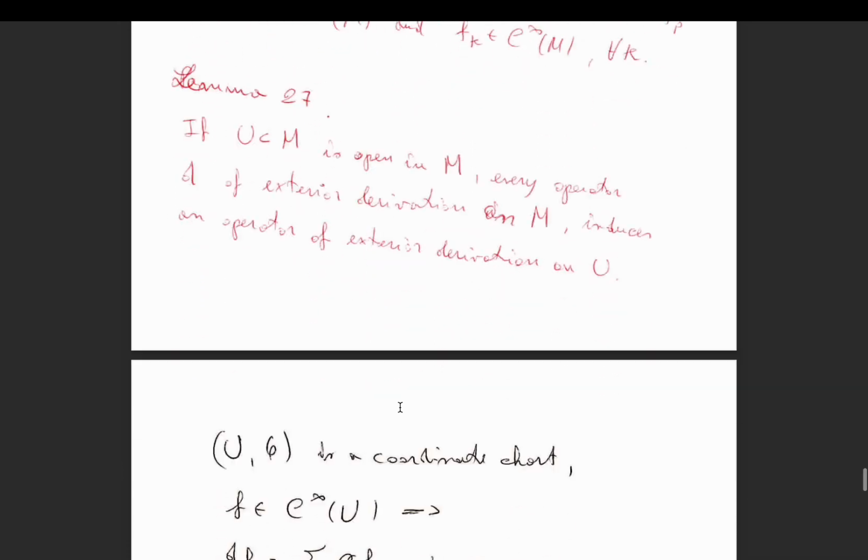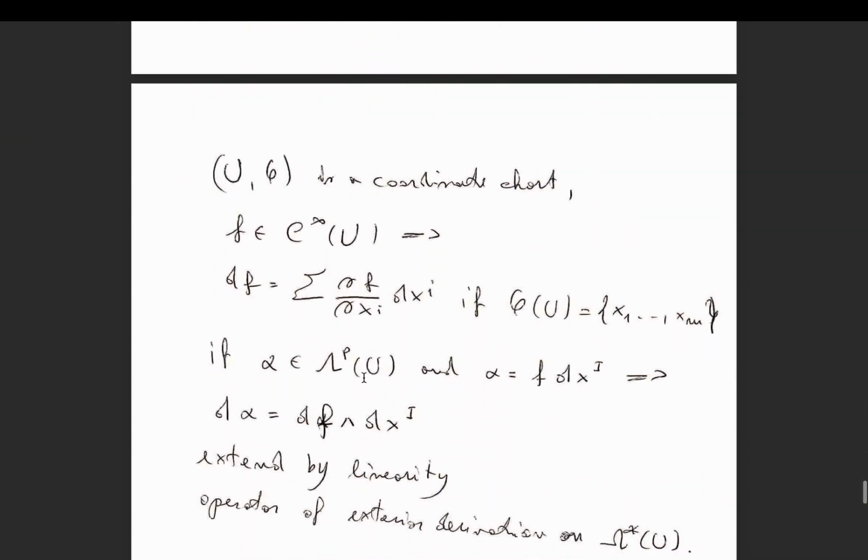Now suppose that U is an open set of R^m. Then the differential of a smooth function defined over U, so a function of C infinity(U), is actually quite easy to write down.